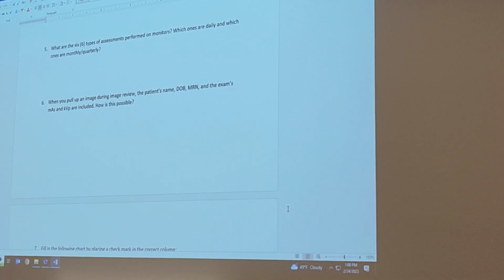So the similarity is that they both make use of line pairs per millimeter. The difference is how they make use of line pairs per millimeter. One uses it directly as the unit, one uses it to calculate its percentage. And the percentage is the unit for MTF.